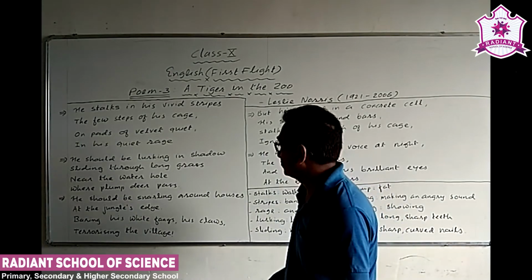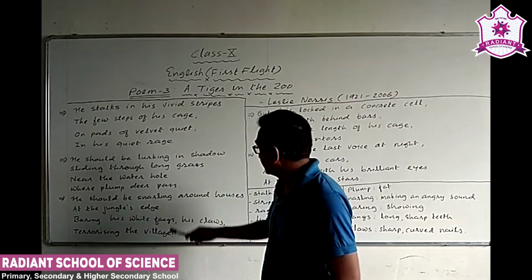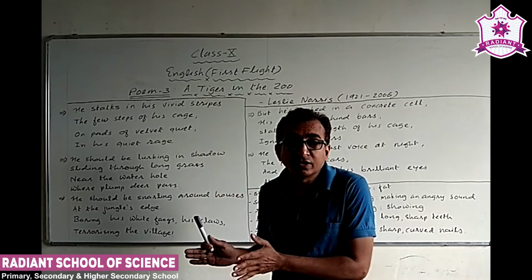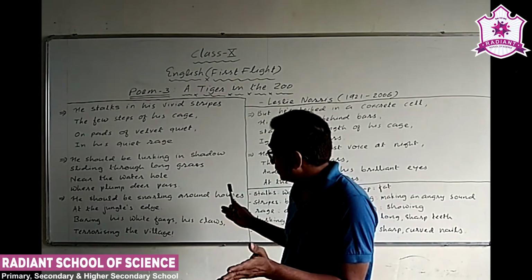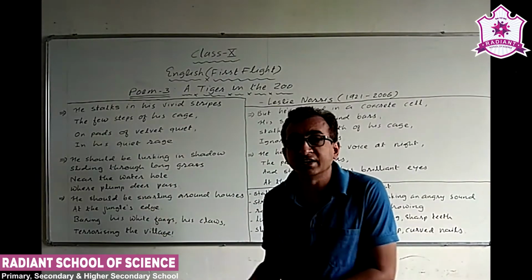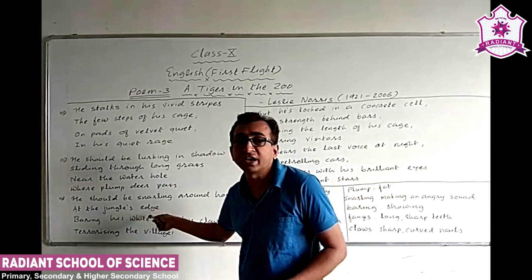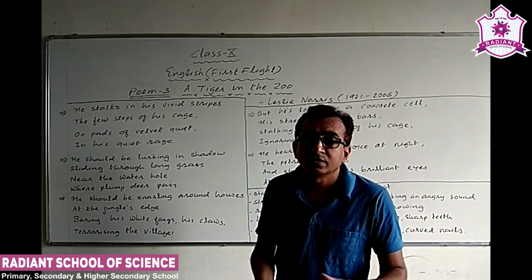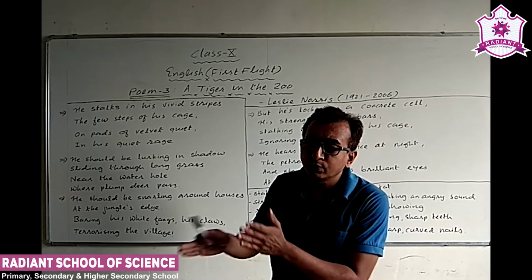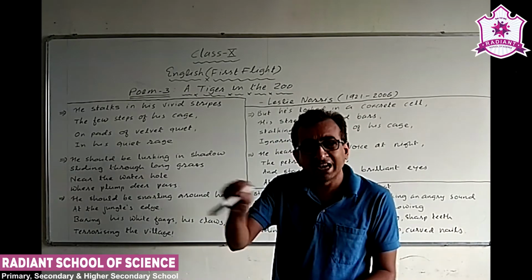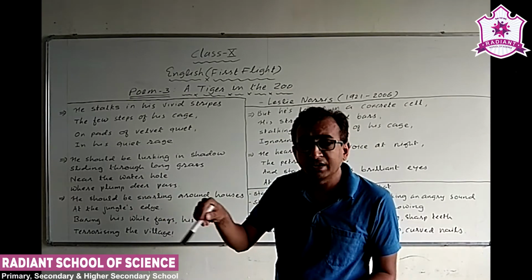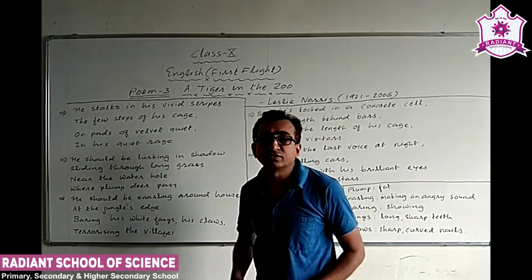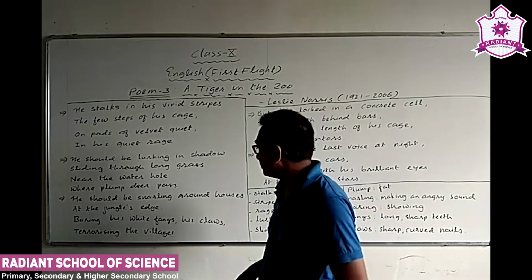So probably on rare occasions he would be found near the houses of a village where people are living, especially a village at the jungle's edge, which is very near to the forest area. So that's where probably on some occasions the tigers could be seen as well.